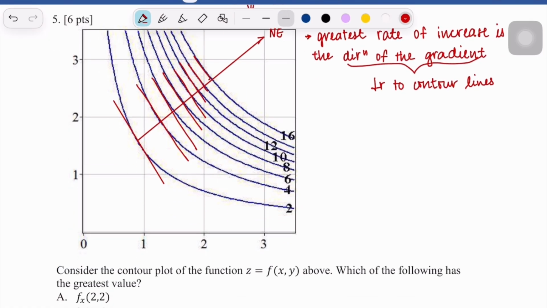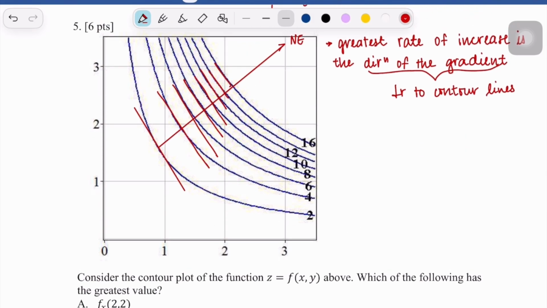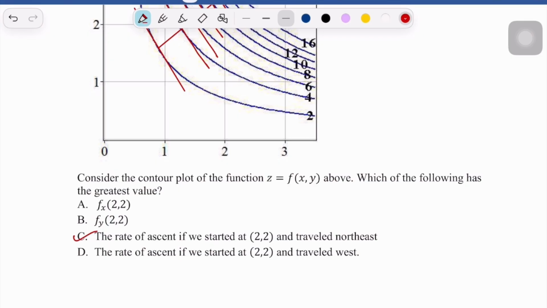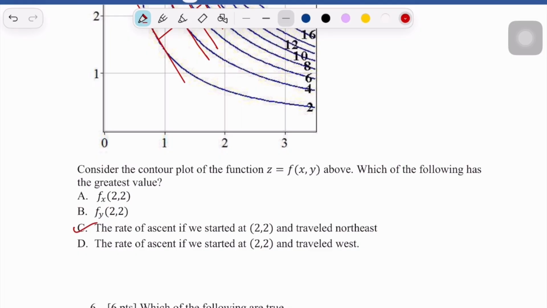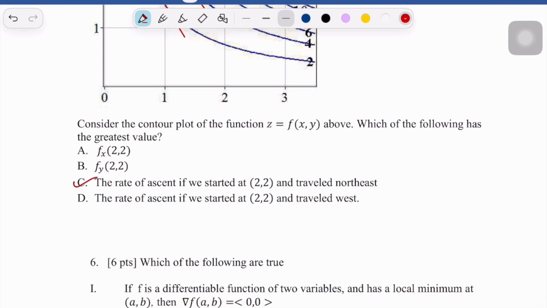Okay, so it should be C, because our perpendicular points this way. It wouldn't be the first option because it only tells you the greatest increase in the x direction, and it wouldn't be B because it only tells you the greatest rate of increase in y.